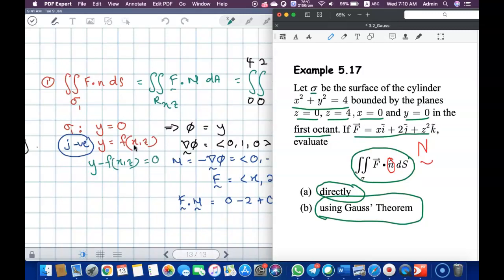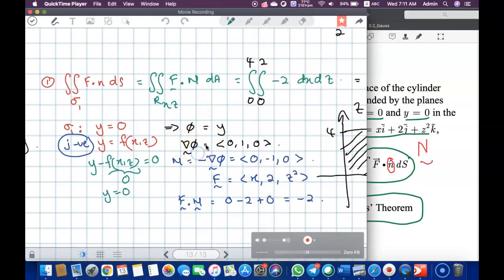But in this case our f is 0, so you get y equal to 0, and y becomes your phi. Then we can obtain the grad phi.